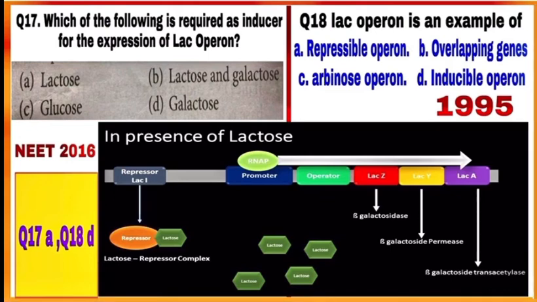It allows RNA polymerase to bind with the promoter and transcription proceeds. So the correct answer is A, mark A. Question 18. Lac operon is an example of inducible operon because when lactose is added, it induces lac operon to express its genes. So the correct option is D, mark D.